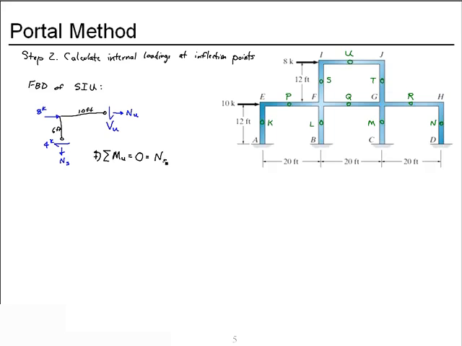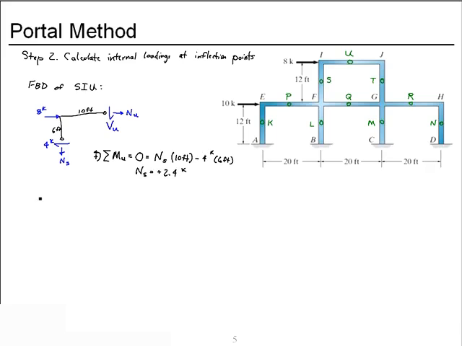We have the normal at S through 10 feet minus 4 kip shear at S through 6 feet. Everything else passes through point U. That means that NS will be 2.4 kips.